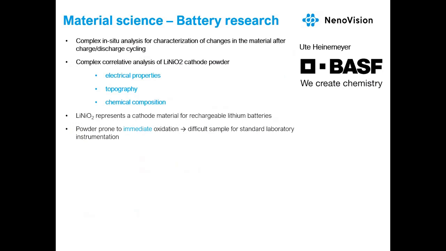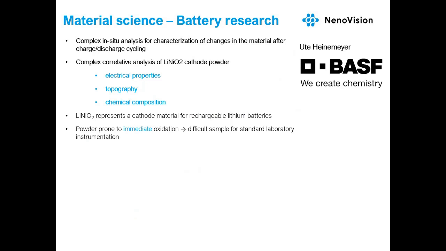For the application, we cooperate with BASF, and what we are talking about is a complex in-situ analysis and characterization of the materials which are used for batteries for charging and discharging, because during this cycle there are changes and we need to analyze them and understand what's going on.